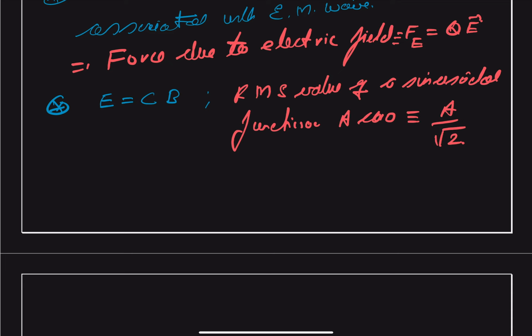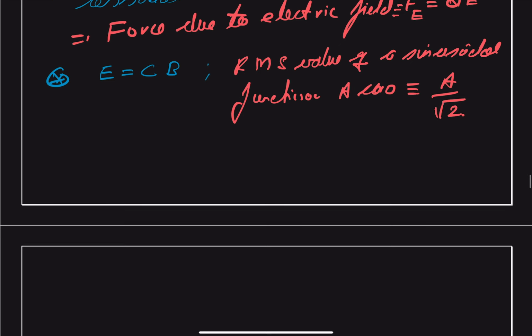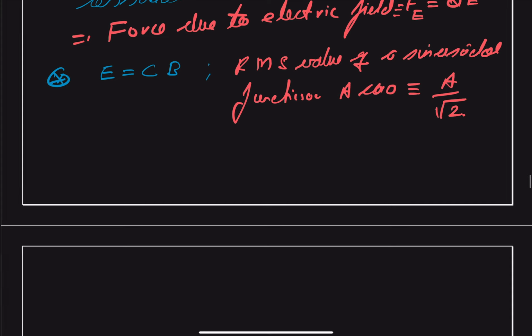So first of all, we are going to find out the electric field components that are related with the magnetic field components, okay, because the equation that is given to us is about only the magnetic field.